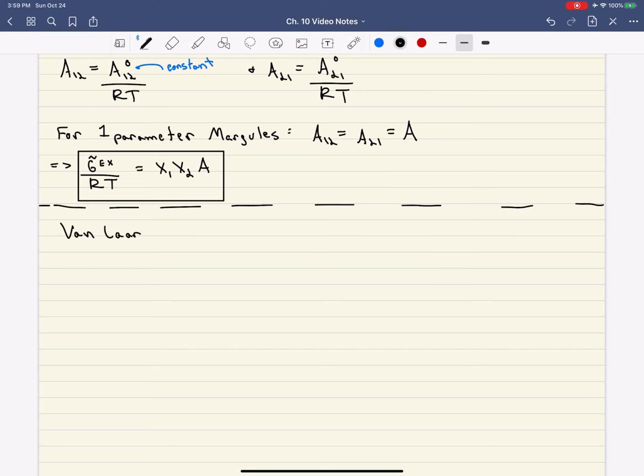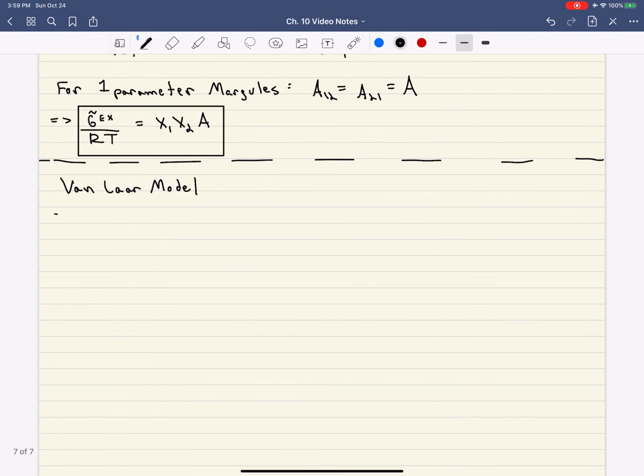Another model out there is called the Van Laar model. And the way that this model was developed, it's actually based on the van der Waals gas equation of state, specifically the molecular interaction terms in there, the A and the B constants. And so the Van Laar model is a more molecular model for the molar Gibbs excess equation.